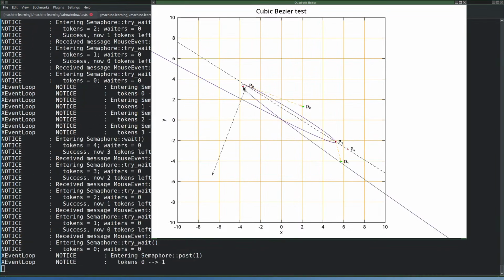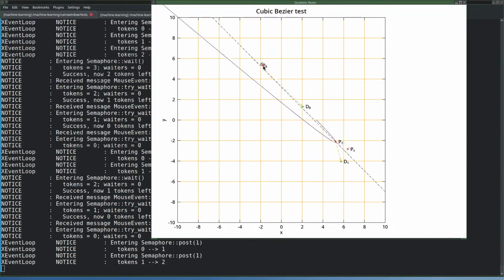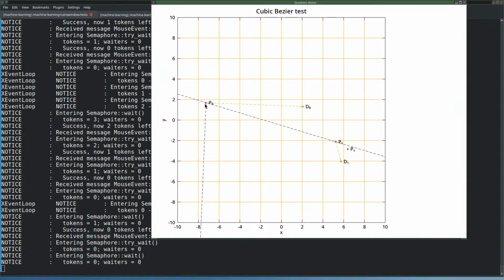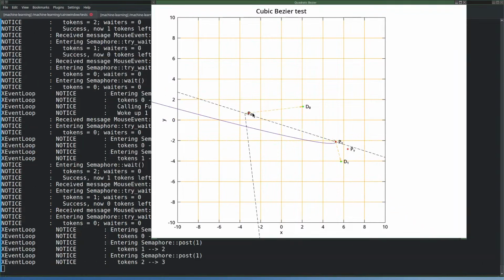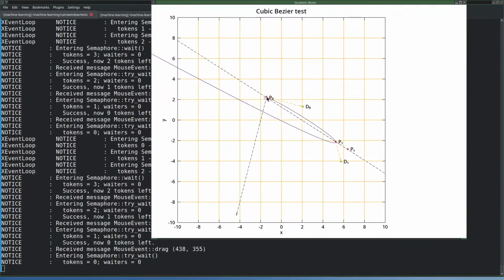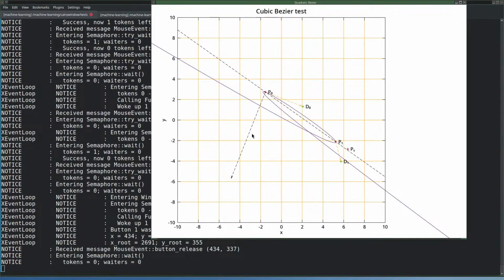I guess I can get a better feeling for if this is indeed the curvature. Maybe not. I could draw a circle that touches here and has a radius equal to 1 divided by this length. What is the name of that?